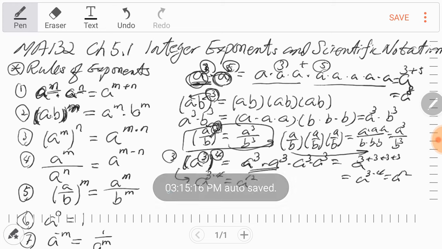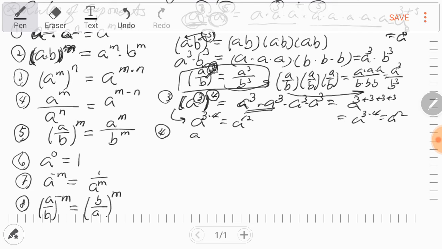Okay, number 4. The fourth rule is a fraction, and the numerator has the base a raised to the mth power, and the denominator is a to the nth power. Both the top and bottom have the same base a.